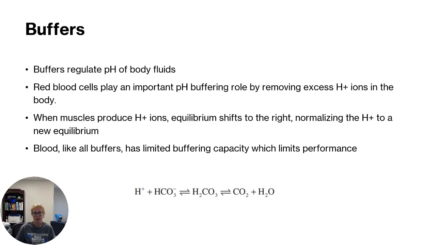And I mentioned the buffers that take up hydrogen ions as food is leaving your stomach. Same thing. It's removing those hydrogen ions so that your intestines don't become eroded by the acid. Your stomach has the capability of existing in an acidic environment, but your intestines not so much, so the acid needs to be taken up. That's how buffers work.